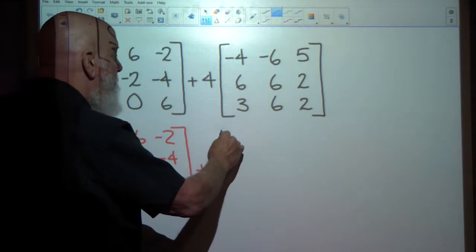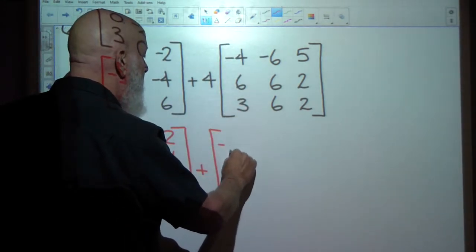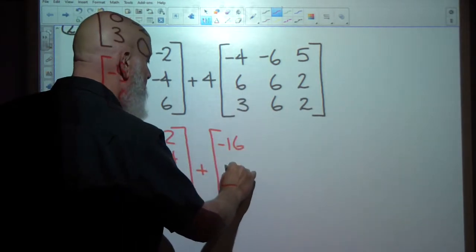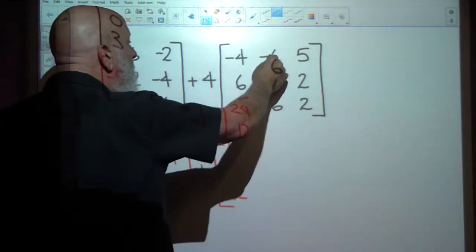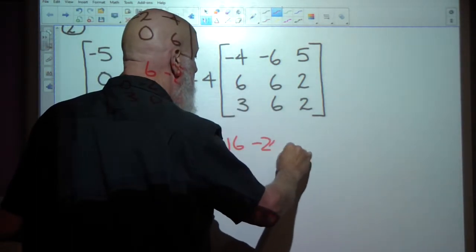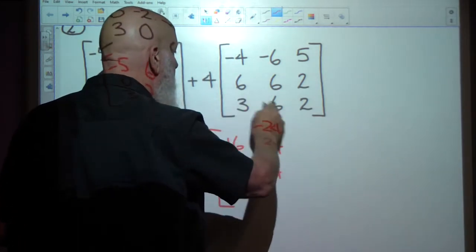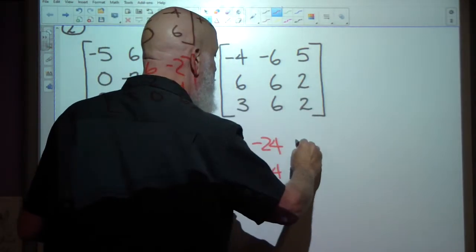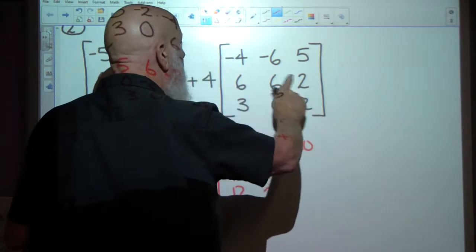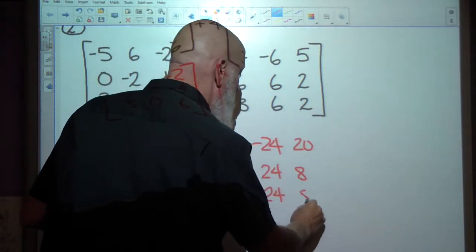Plus, now I'm going to take this scalar and multiply it by every element here. That's -16, 24, 12, -24. Hope I'm doing my arithmetic correctly. 24. Another 24. Lots of 24s in this matrix. 20, 8 and 8.